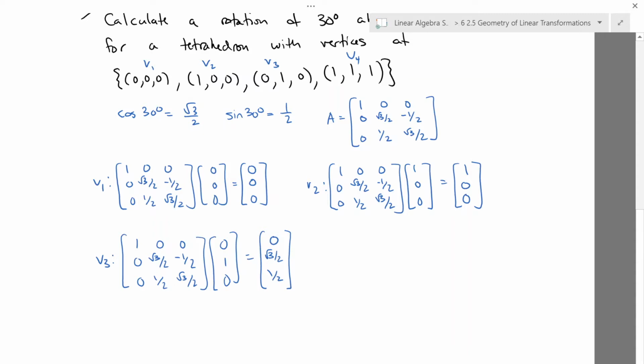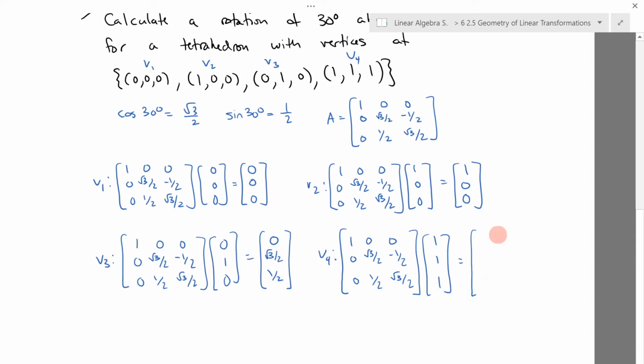And then finally, V4, so basically what happens here is this 1 is for the first column, this 1 is for the second column, this 1 is for the third column, and when you do the matrix multiplication, basically this just means to add the 3 columns together, right?